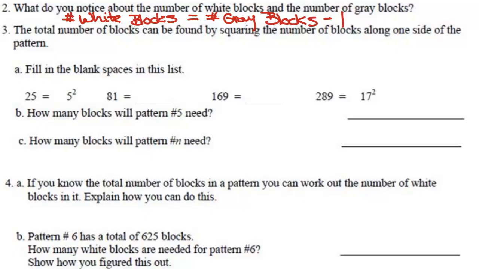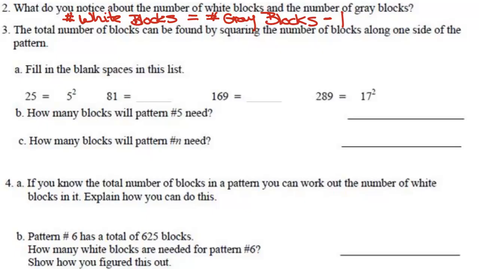So the number of gray blocks is always 1 more, right? So if I have the number of gray blocks, I take that 1 away, then those values would be equal. So the gray blocks are always 1 more than white. There's many ways that you could say it. Okay? Does everybody see that?